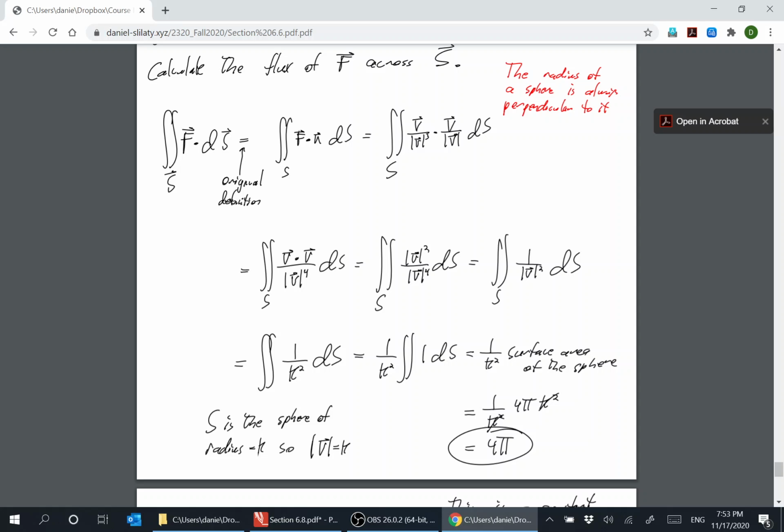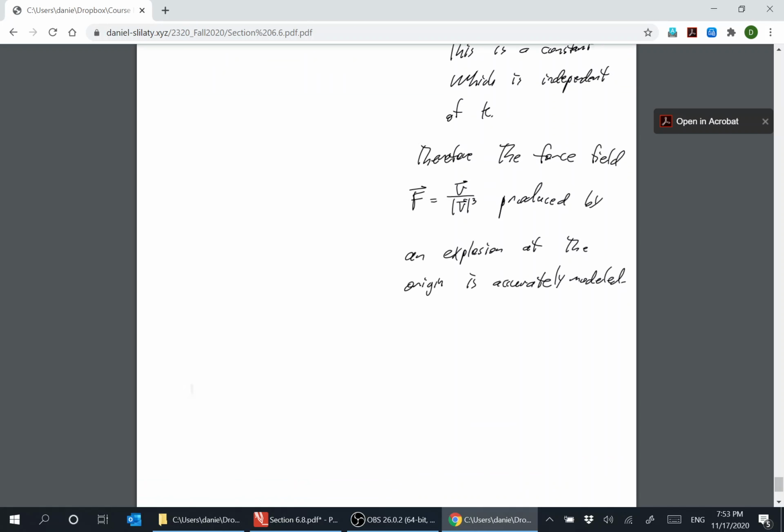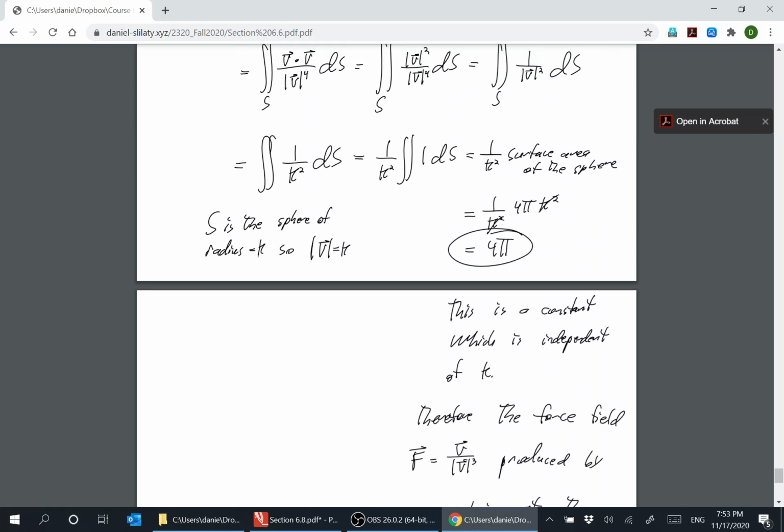That would be the behavior, for the law of conservation of energy, of the concussive force made by an explosion at the origin. The total concussive force across any sphere would always be the same, no matter how big the sphere was, as long as that energy is not dissipating. Anyway, so it was 4 pi.